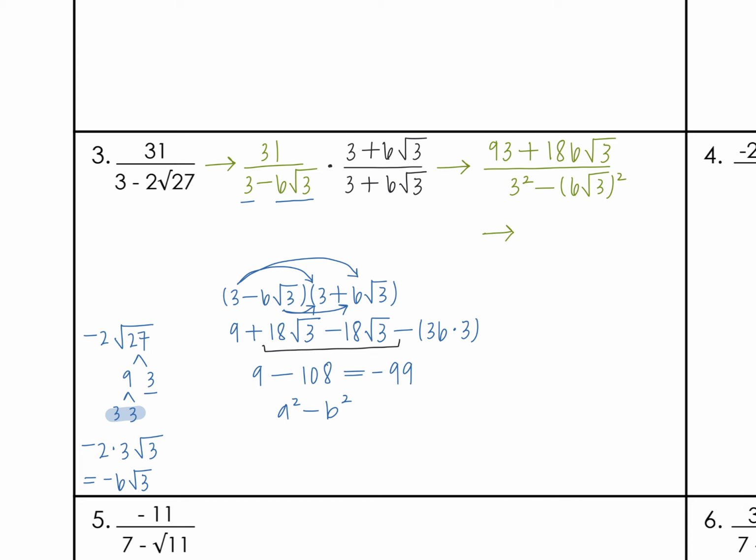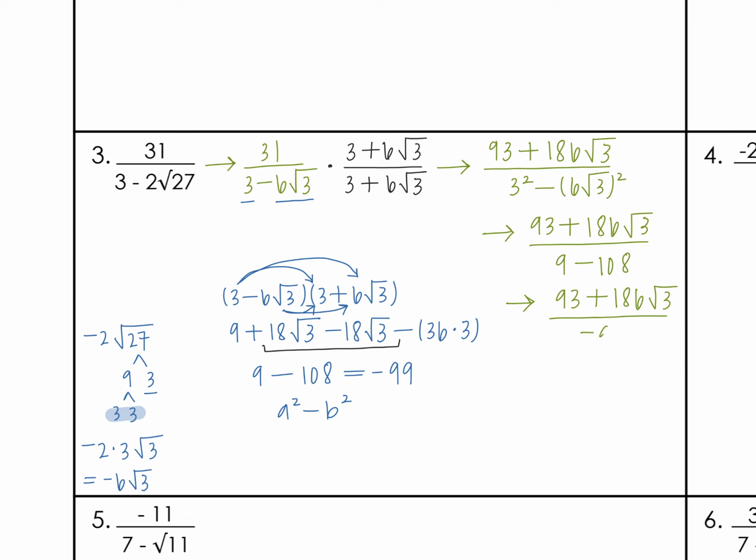But just working through to kind of simplify, we'll have our 93 plus our 186 root 3 over, and then we'll have that 9 minus our 108 that you get when you actually square the numbers.